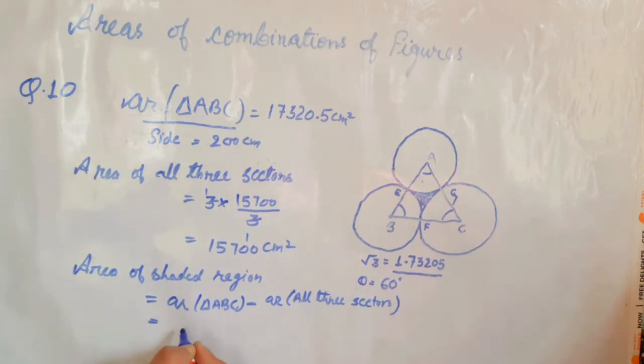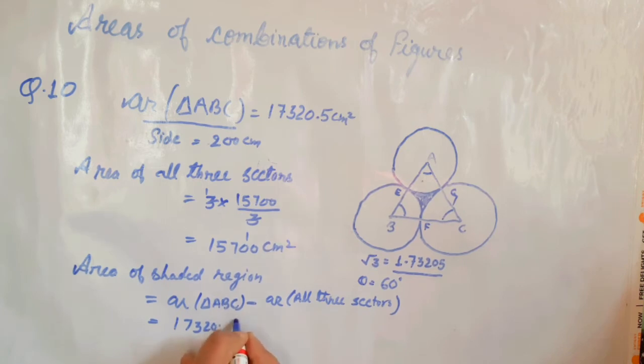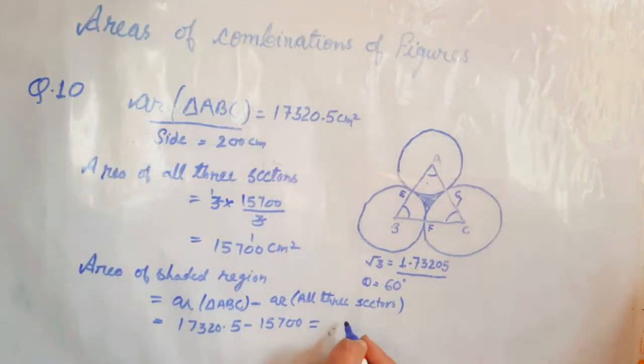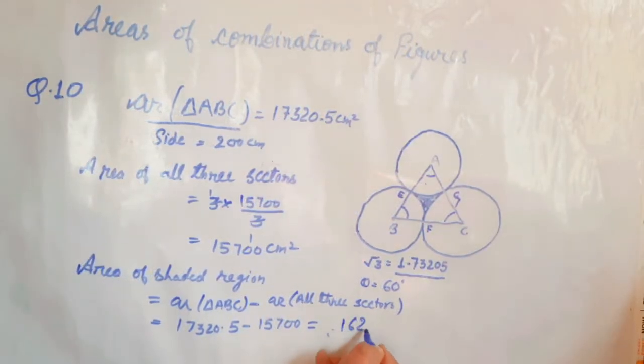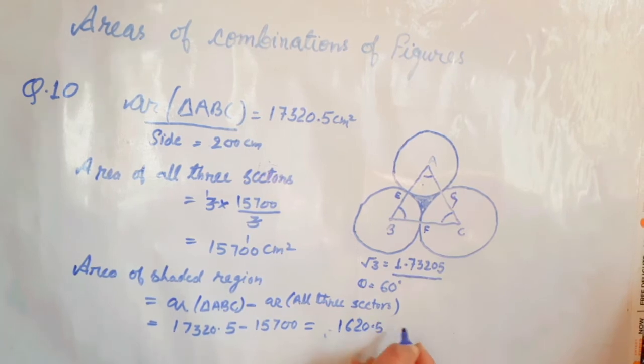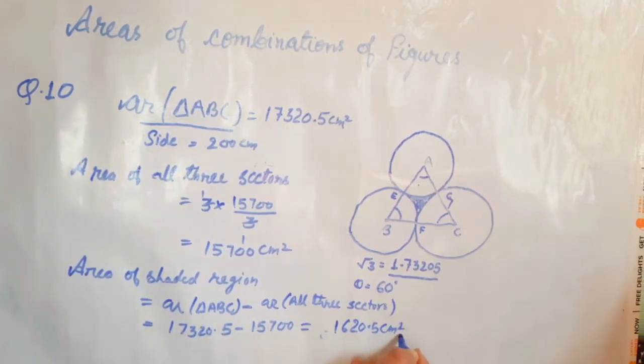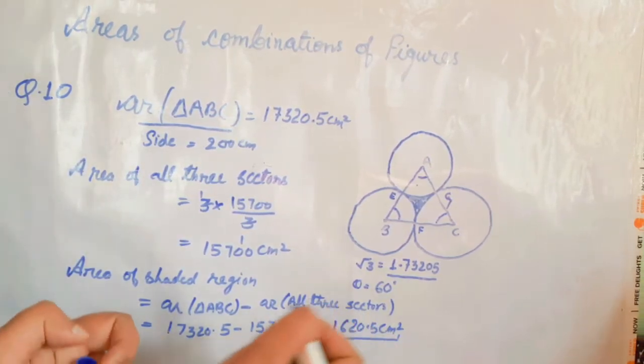Which will be equals to 17320.5 minus 15700, which is equals to 1620.5 centimeter square. This is your required answer.